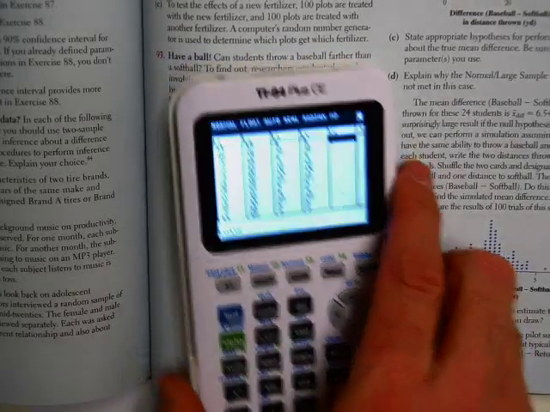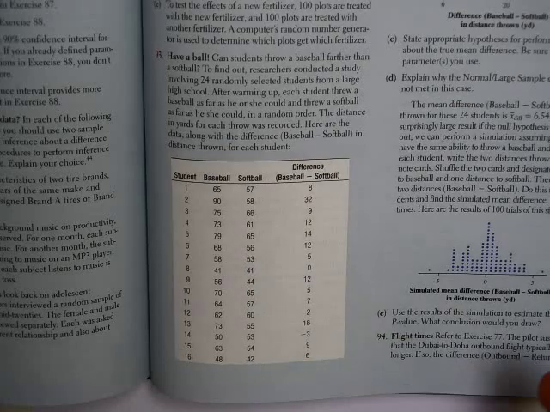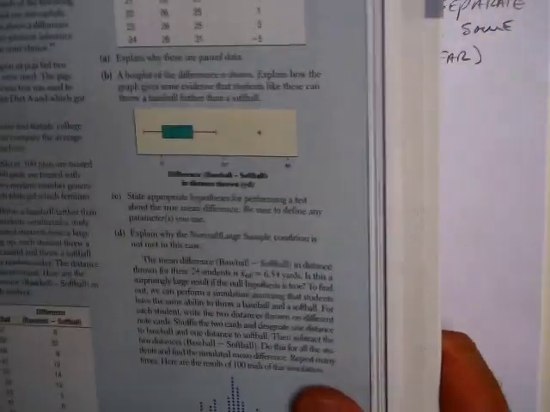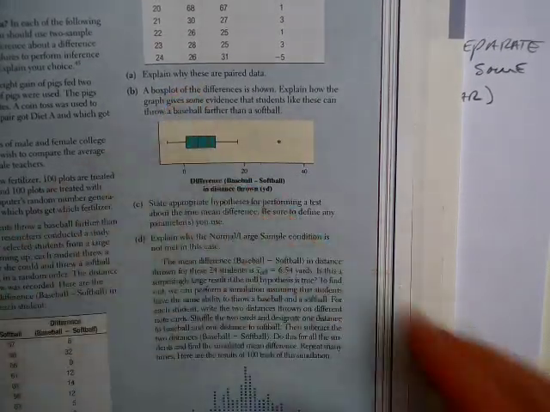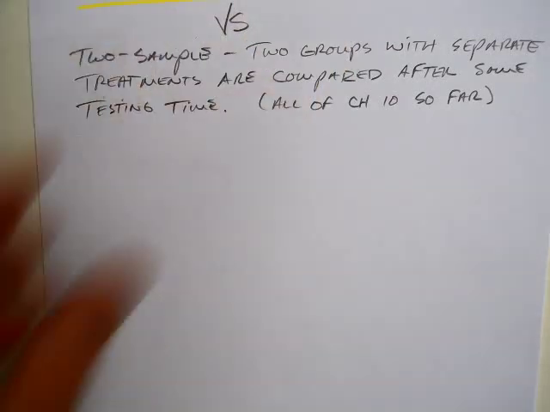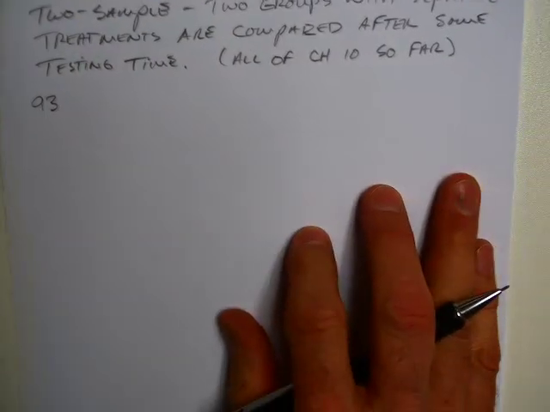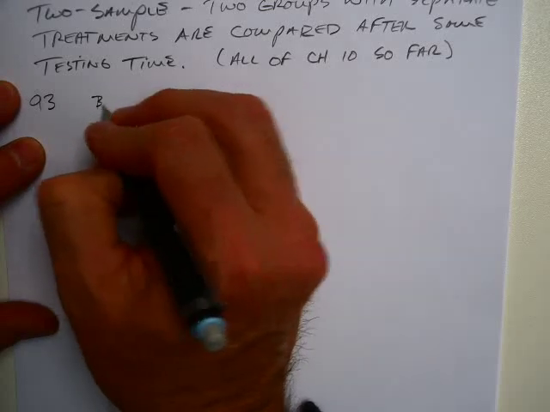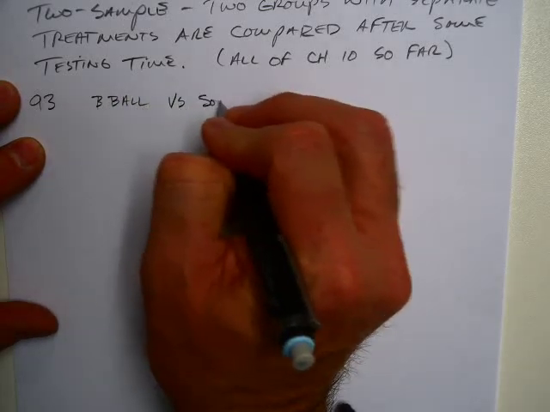So here's what we want to do. First, we're not going to take the problem directly as it says, but A, explain why this is paired data. Well, that seems pretty simple to me. This is 93. So we've got baseball versus softball.